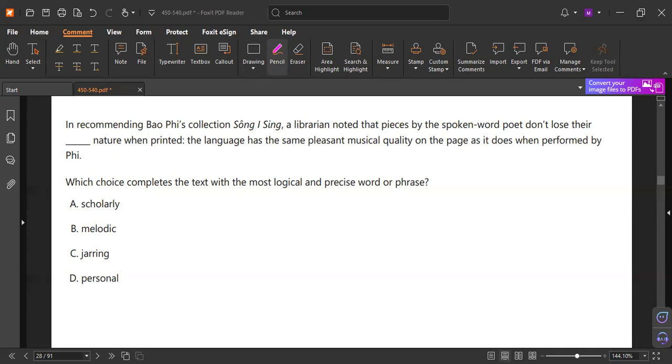Personal, I think it means expressive, or it does not make sense here. Yeah, it doesn't make sense. But all of them are adjectives. What does this adjective describe?